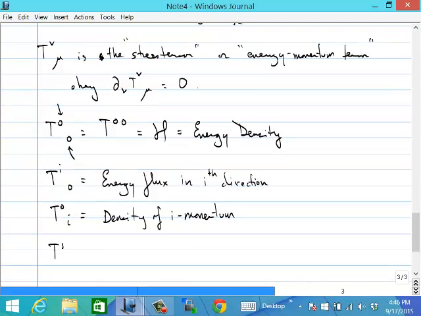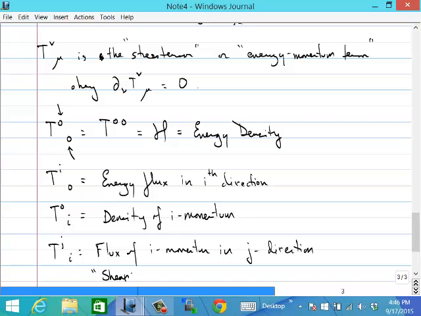And Tji is the flux of i momentum in the j direction. Something that we're not usually used to thinking about. It doesn't arise all that often in very simple examples of mechanical systems, and it's sometimes known as shear.